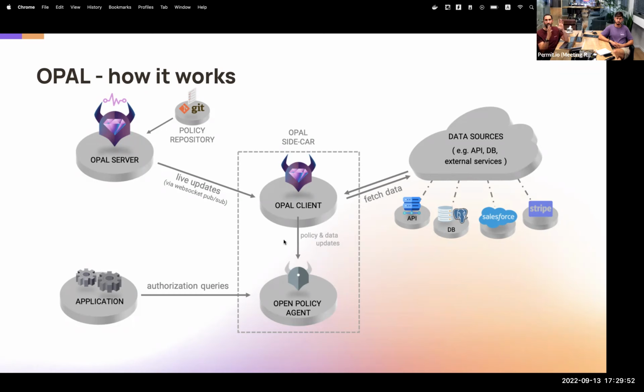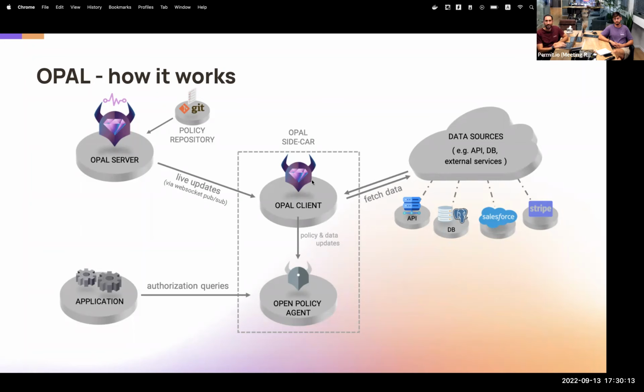Great. So we have real-time policy updates, and this is great. But we also need real-time data updates, because if we are going to have a new paying user, it's going to be new paying user data and not a new policy change.